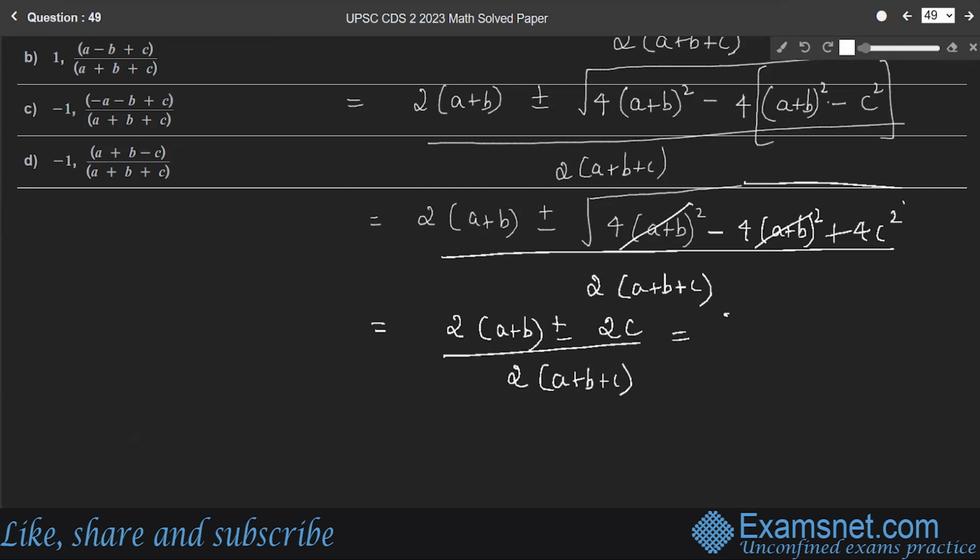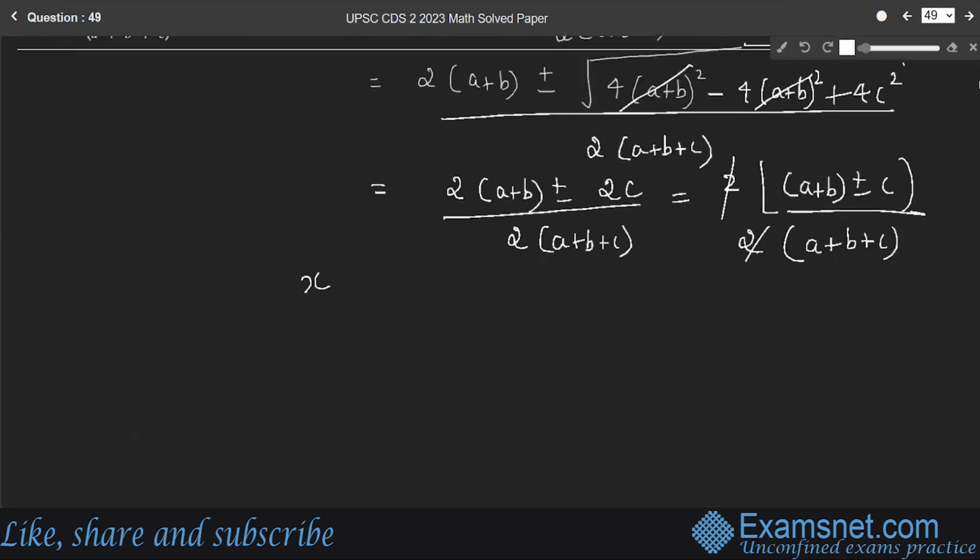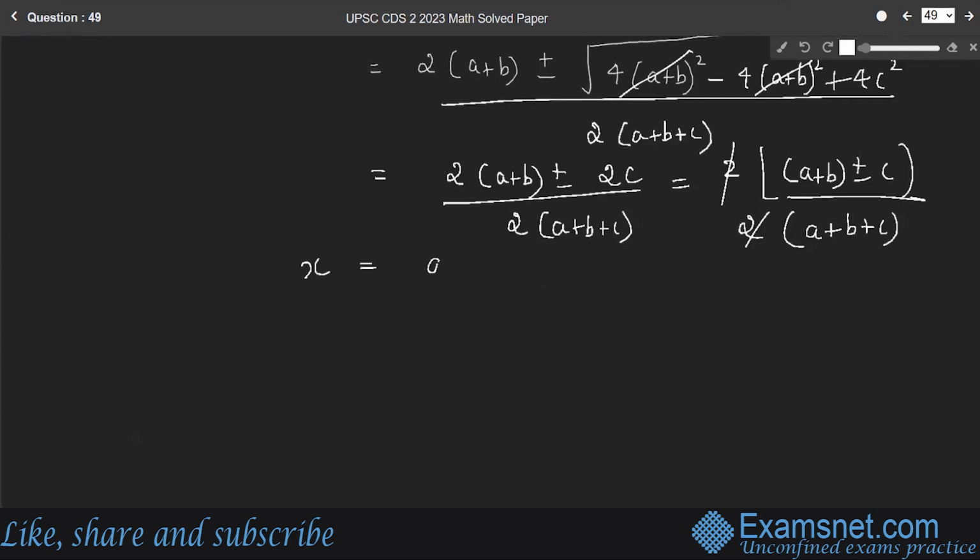So we have 2 as common in the numerator, a plus b plus or minus c, and in the denominator also we have 2, into a plus b plus c. Therefore, 2 and 2 get cancelled. The value of x has two values. One is a plus b plus c by a plus b plus c, which is 1, and the second is a plus b minus c by a plus b plus c.